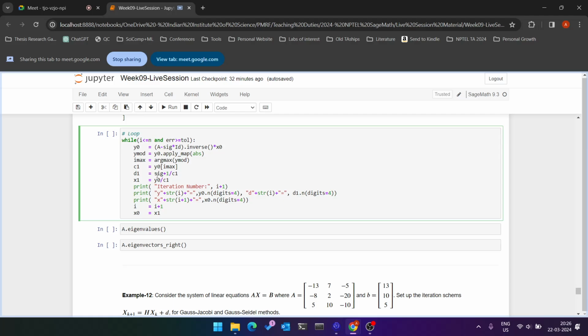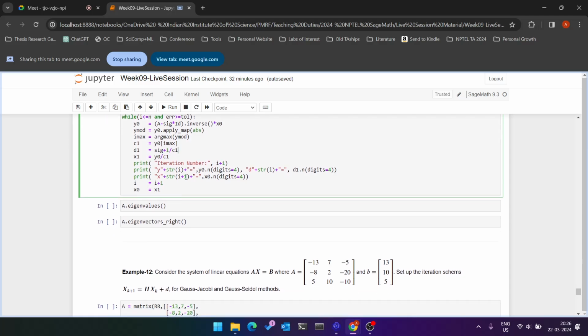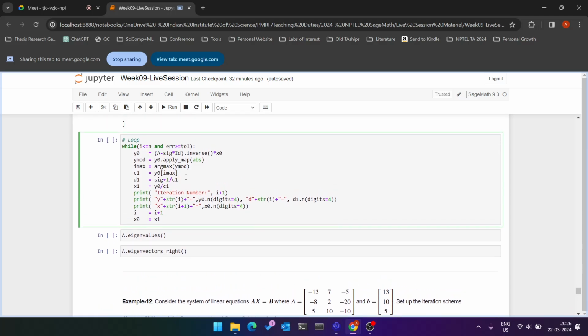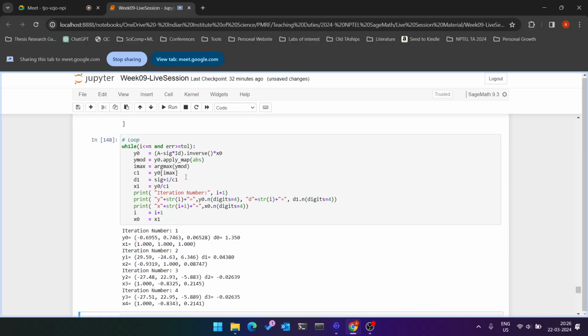The only exception is that this d1 is sigma plus 1 by c1. x1 is y0 by c1, so everything is scaled down to 1. d1 is sigma plus 1 by c1. This whole process keeps on happening till this loop converges or runs out of iterations.